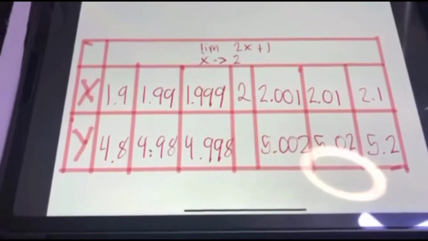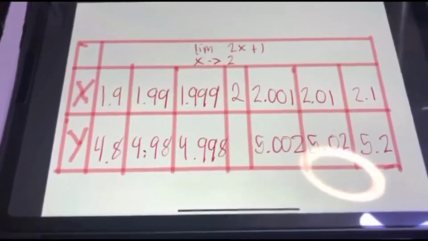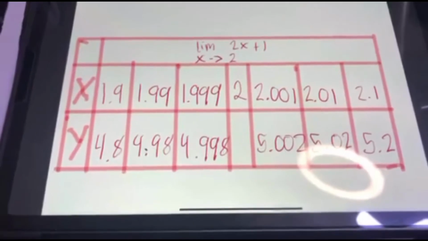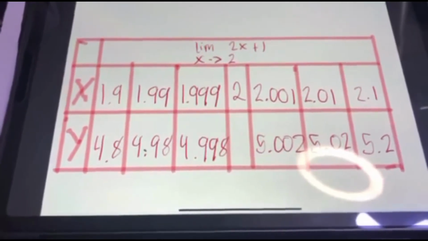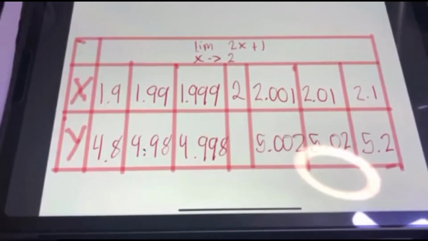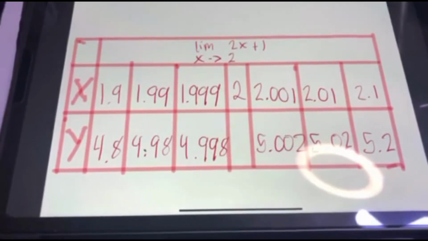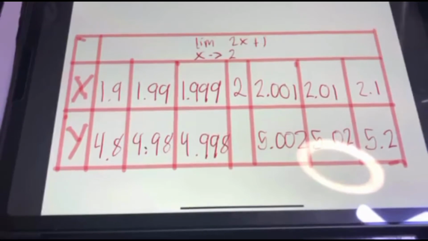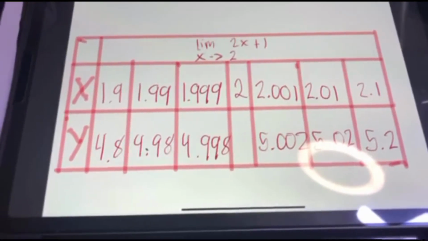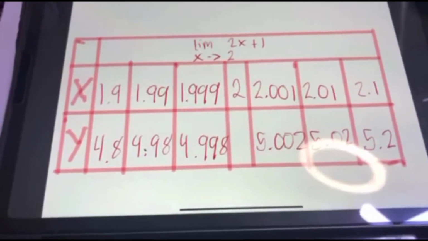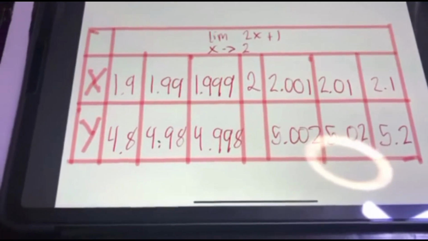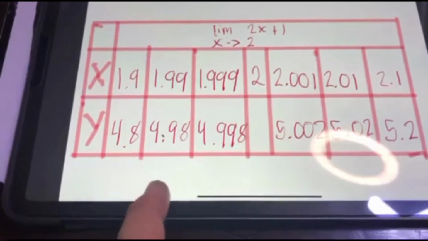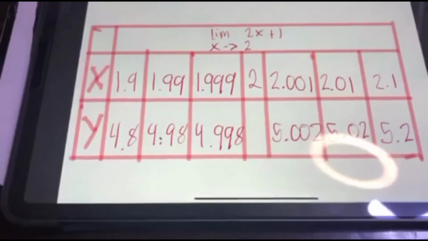After that, we will use the same rule that we used on the left hand side. So 2.001 will become 5.002, 2.01 will become 5.02, and 2.1 will become 5.2. So that's the value that we get if we substitute the value of x.